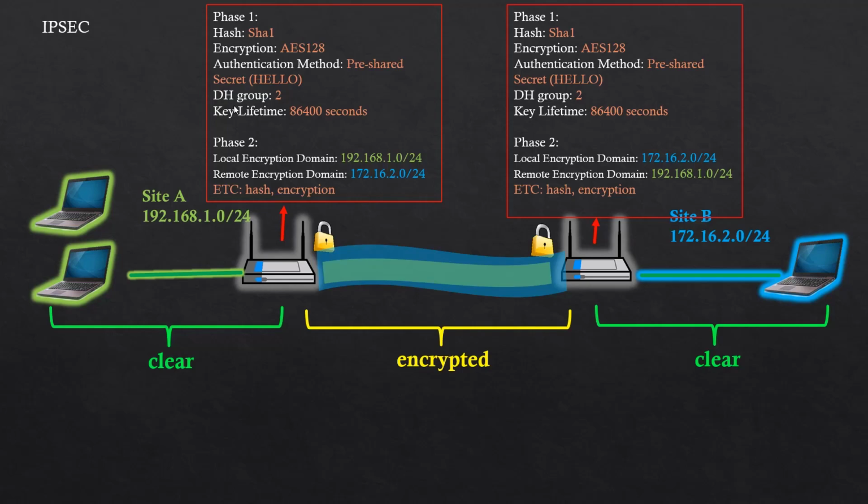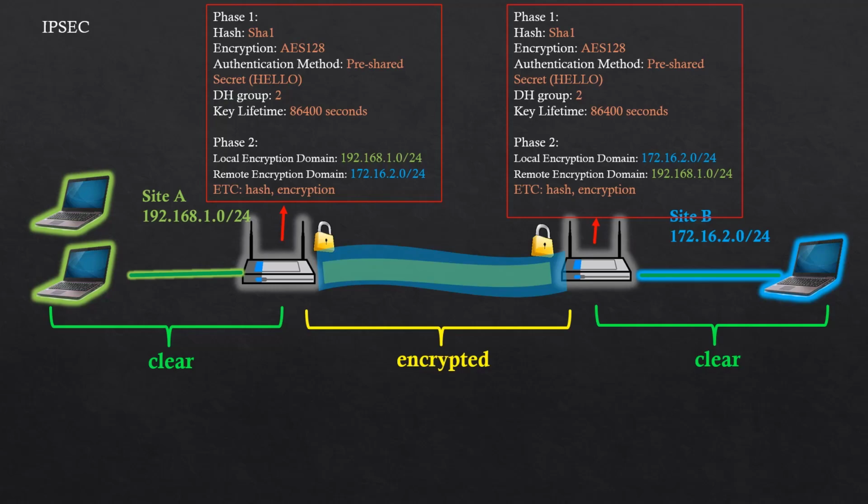There are various groups, and they differ by mathematical process that is going on there. It's kind of complex, and we're not touching that. Key lifetime, we have chosen 86,400 seconds. So basically when the tunnel reaches that amount of seconds, it will be reset and rebuilt if we have active packets going.